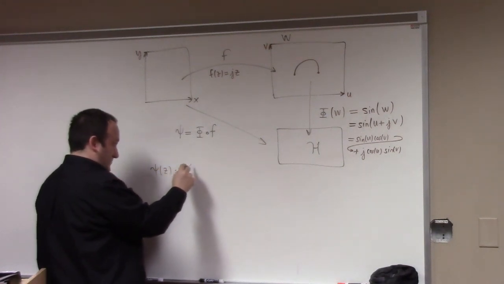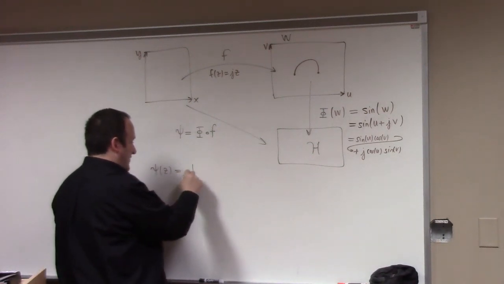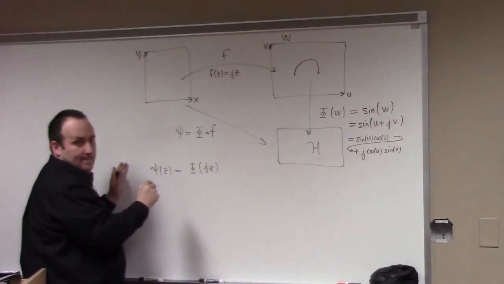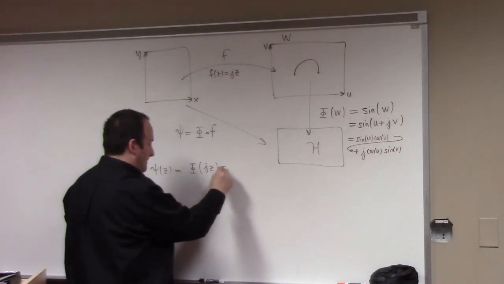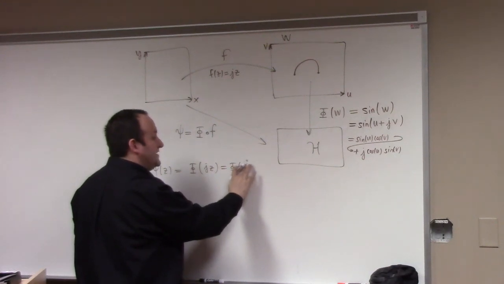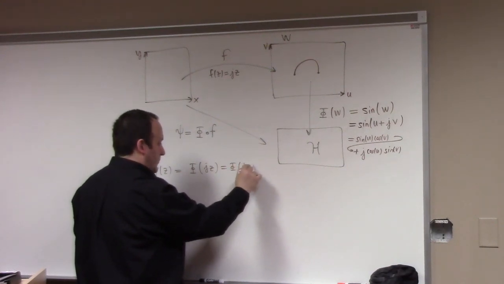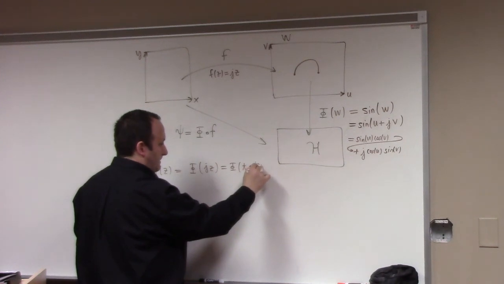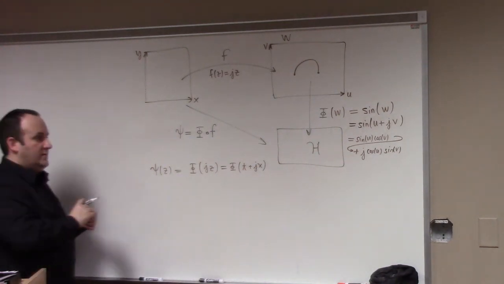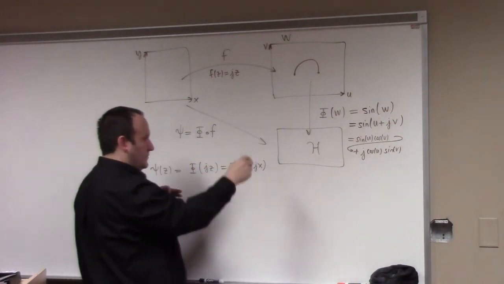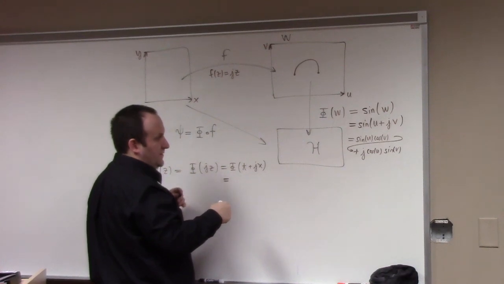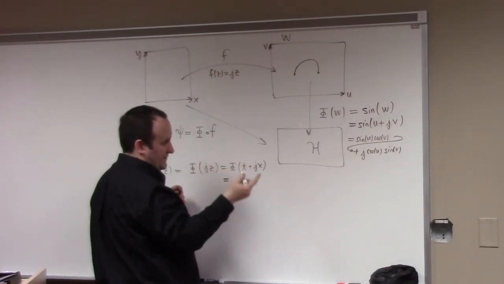It is phi of jz, which is phi of t plus jx. So I have my u equal to t, and my v equal to x.